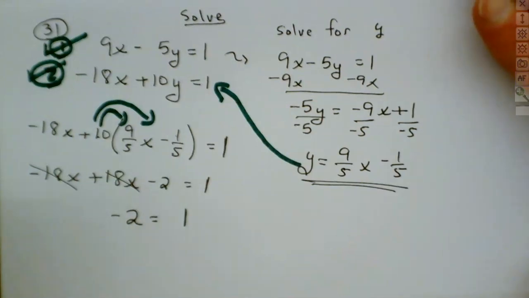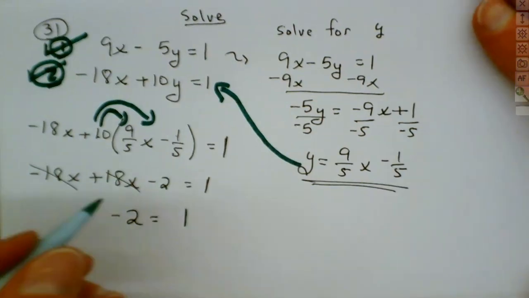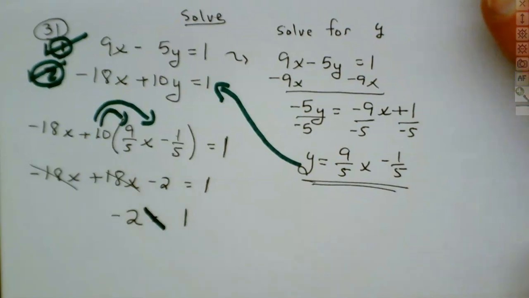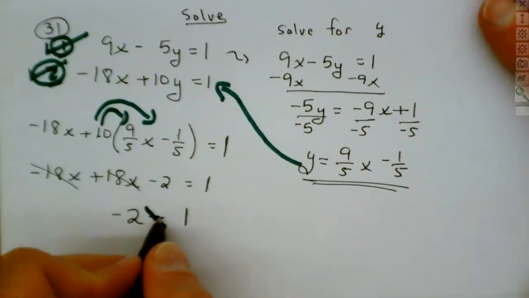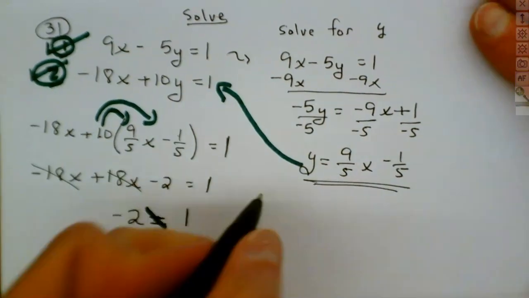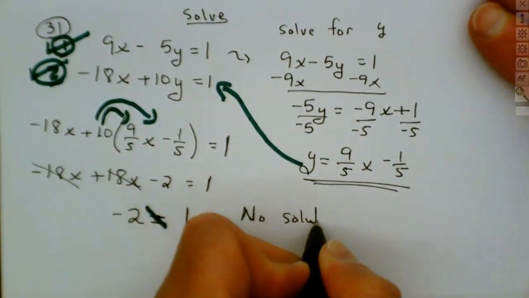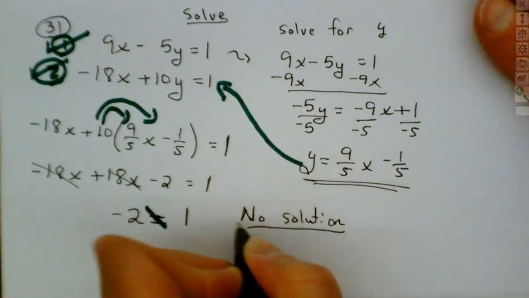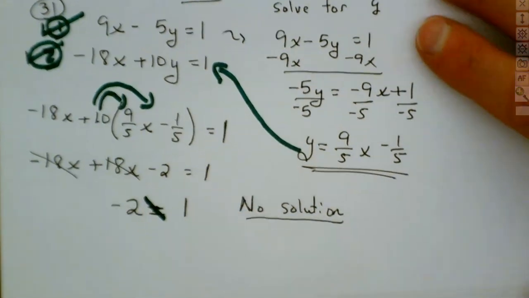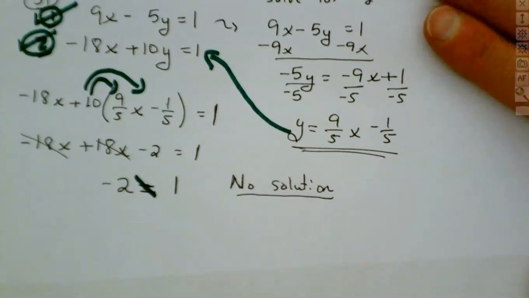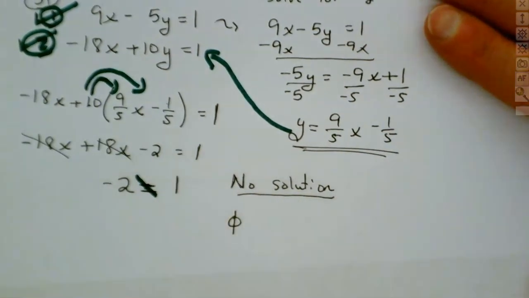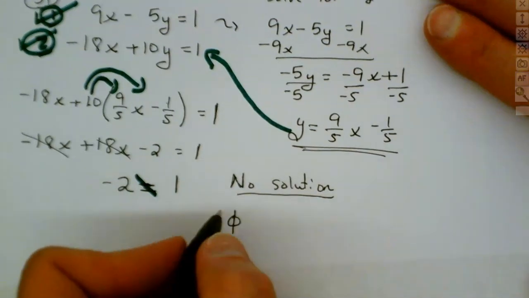Can -2 equal 1? No, that cannot happen, right? Those are not going to be equal. So this has no solution. And since it has no solution, here's what we call it. We use the 0 with the slash, the empty set, and it's called inconsistent.